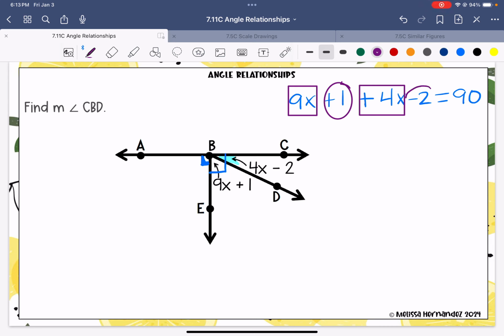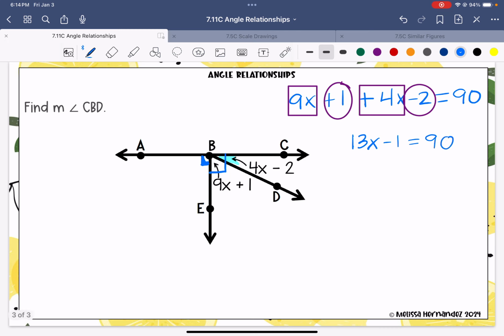I can combine those, put a circle around minus 2. I'm not doing anything to the other side because you can't combine like terms if they're not on the same side of the equals. So 9x plus 4x is 13x. 1 minus 2 is negative 1. And now I'm left with 90 on the right.